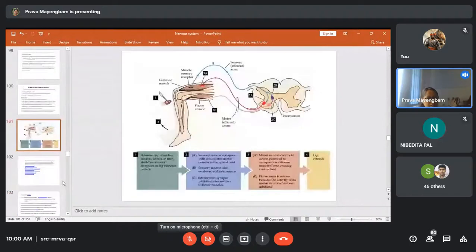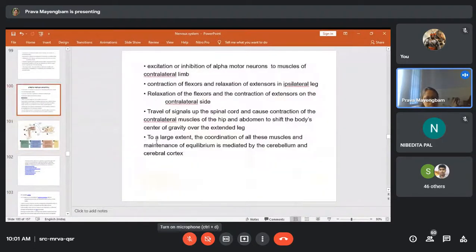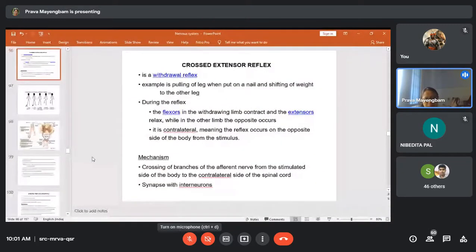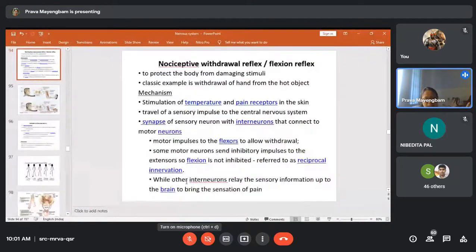Okay, so the other reflexes we will continue in the next class. Today we have discussed the medulla oblongata, pons, cerebral cortex and their functions. Then what is reflex action? What are the components of a reflex arc?